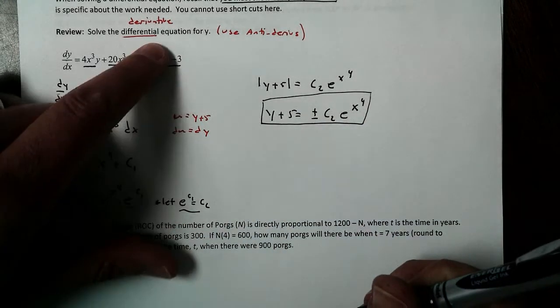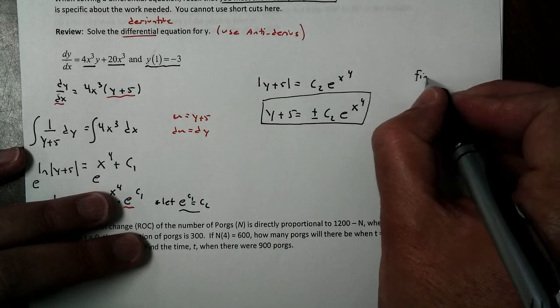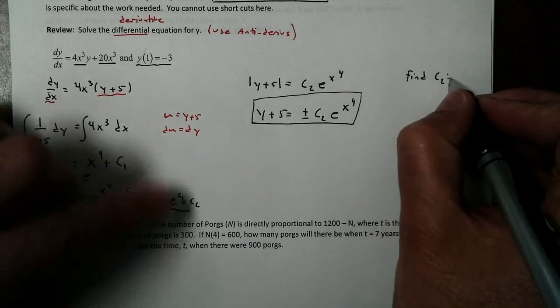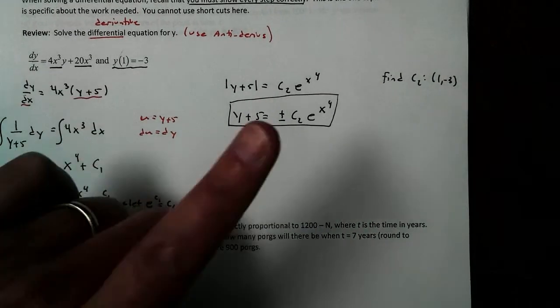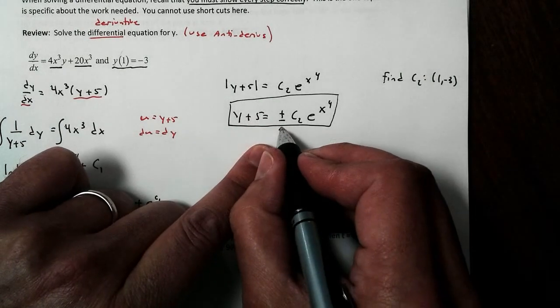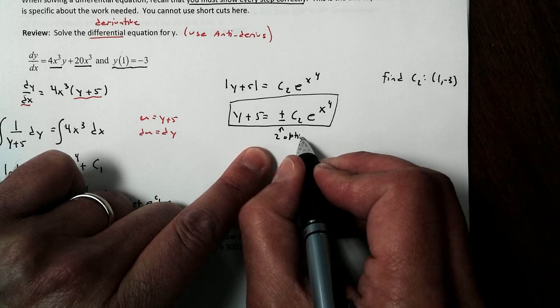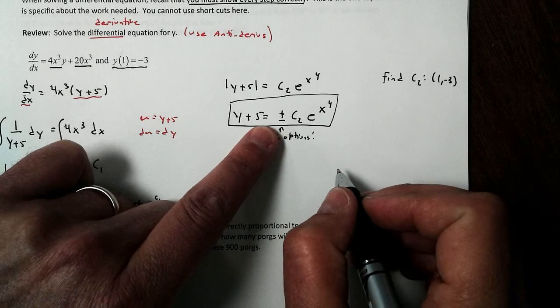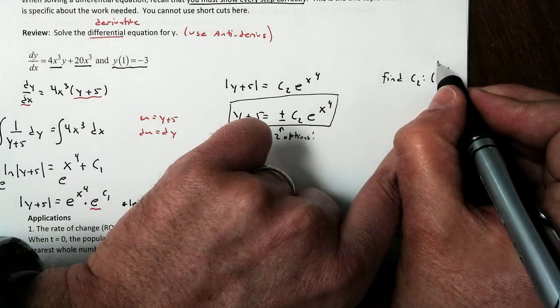Now what we have to do is solve for our c2. We're going to find c2 using the condition they gave us, (1, negative 3). Now be careful. Over here we have two options, we can have the positive or the negative. My y value is negative, so we're going to pick the negative.